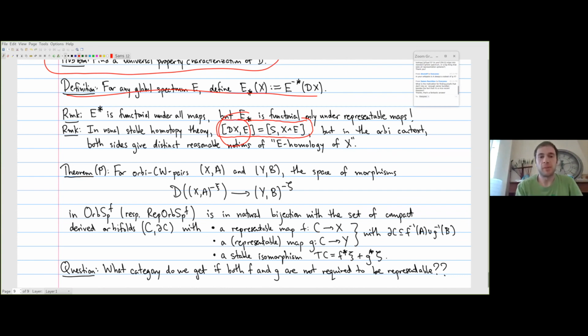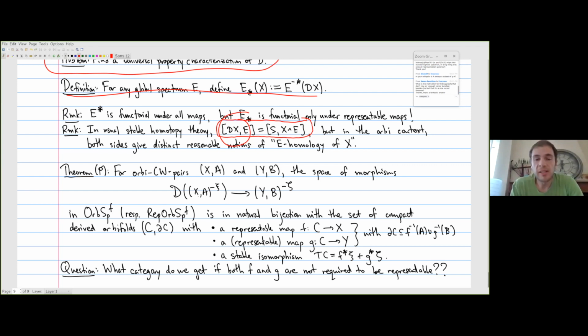If I have Orbi-CW pairs (X, A) and (Y, B), each carrying a vector bundle, then I can look at the space of morphisms from the dual of the first one to the second one. There are two categories I might consider: Orbi-spectra, or representable Orbi-spectra. In each case, there's a description in terms of bordism of derived orbifolds with some extra structure, maps to X and Y, and a marking of the tangent bundle.